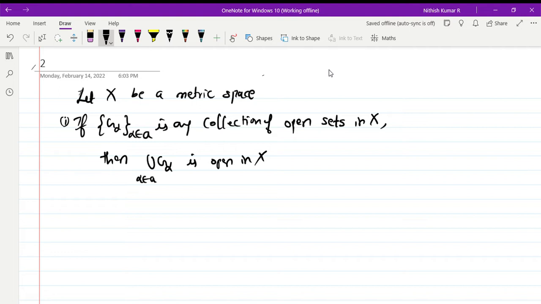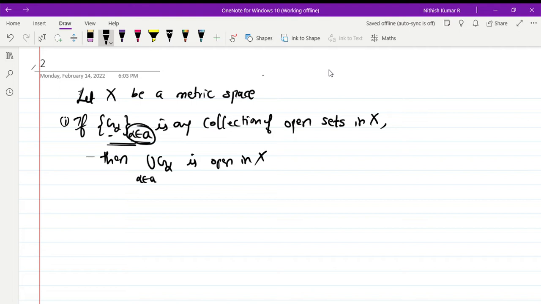So it says in a metric space, the collection G alpha, alpha belongs to A, is any collection of open sets. Now what is this alpha belongs to A? We don't know what A is. So this collection G alpha is an arbitrary collection, meaning it may be a finite collection or an infinite collection.